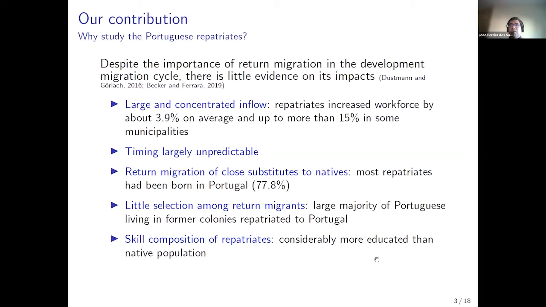They had more skilled occupations and so on. And finally, there's little onward migration among return migrants. So it means that basically everyone that was living in the former colonies returned to Portugal to escape the civil wars.